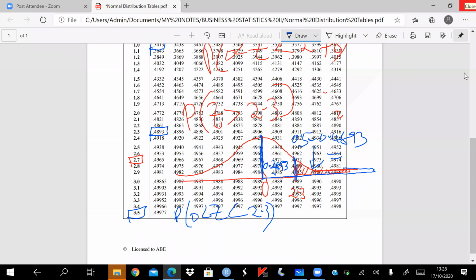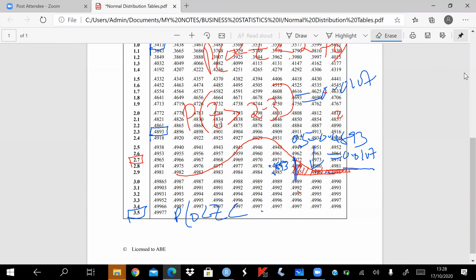So 0.5 minus 0.4893, which is 0.0107. So the probability that z is bigger than 2.3 is 0.0107.